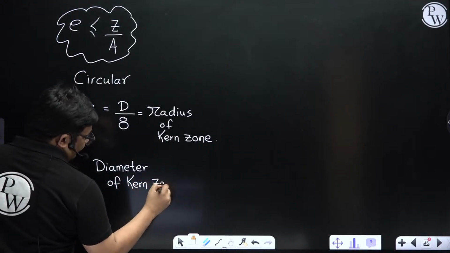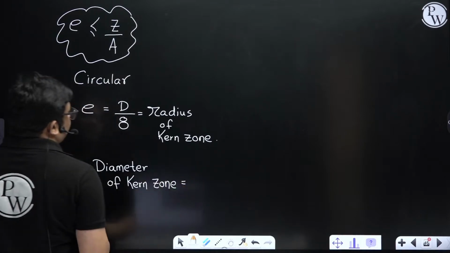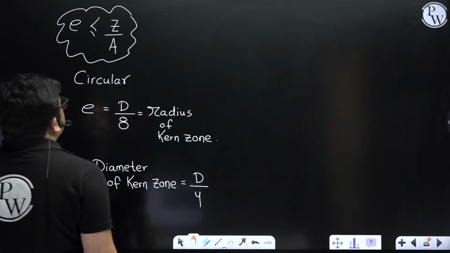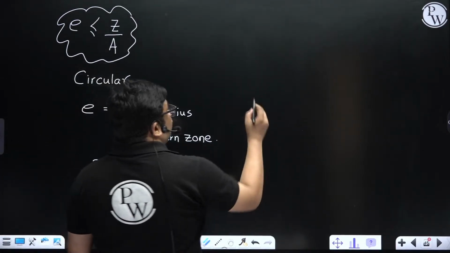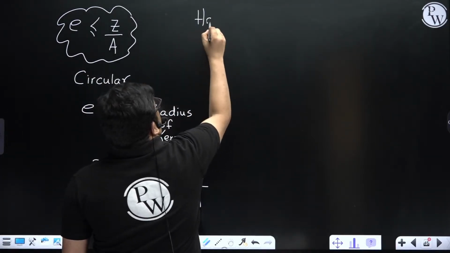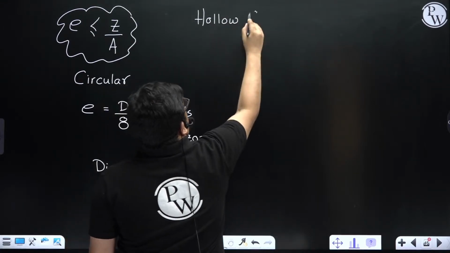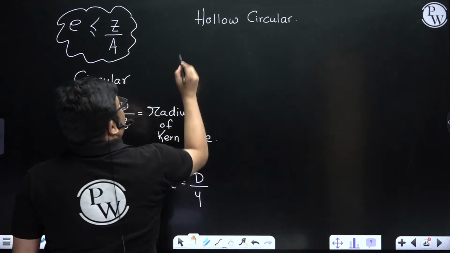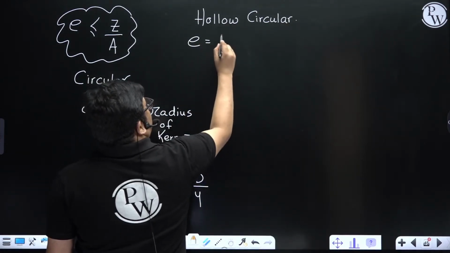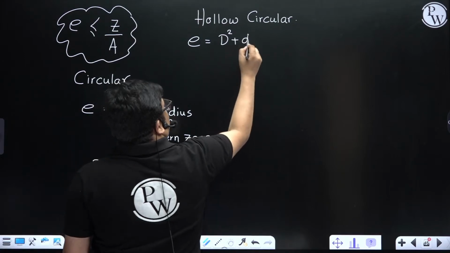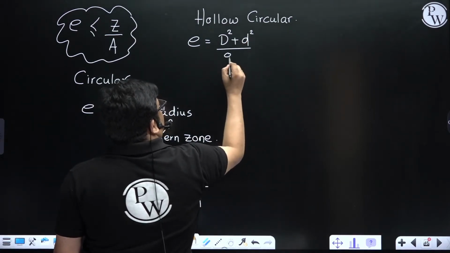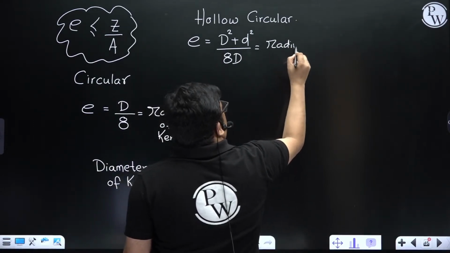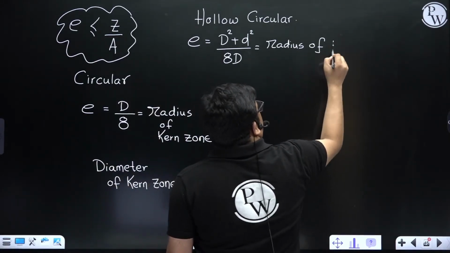Then we saw that for a hollow circular section, the eccentricity is (D squared plus d squared) divided by 8D, and this is also the radius of the kern zone.